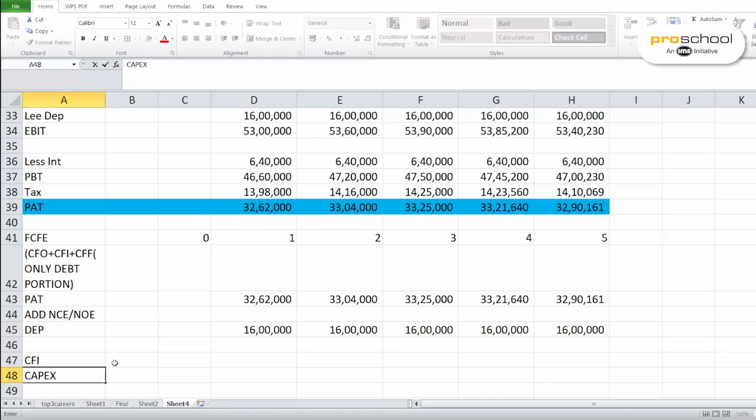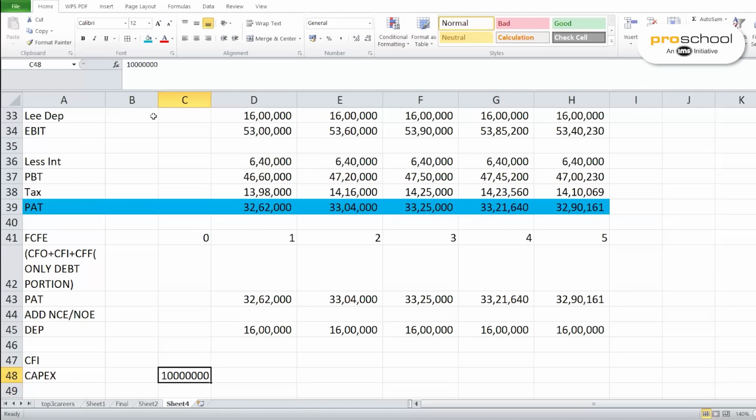If you have not heard this word, let me clear it to you. This is called capital expenditure. Whatever expenditure you make on your non-current asset is called capex. When you purchase an asset, cash goes out, and when you sell the asset, the cash comes in. So in the year 0, we are investing in the bus. 1 crore, but the cash is going out.